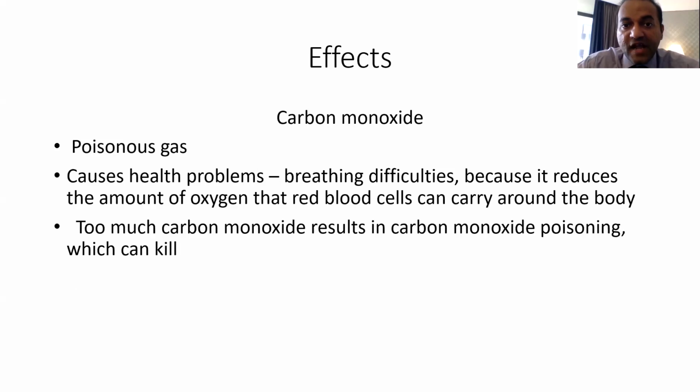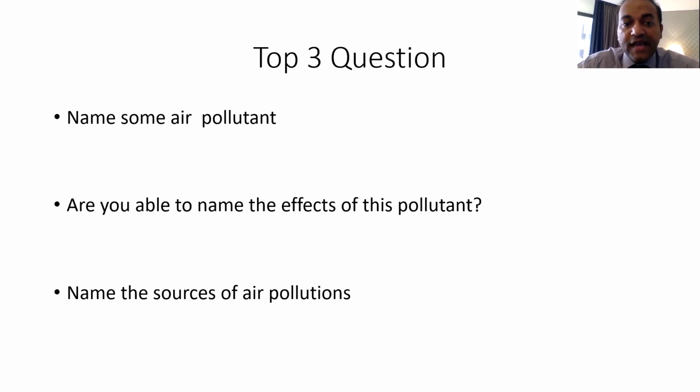Now, I hope we have covered all these three questions. Name the air pollutants: we have carbon monoxide, sulfur dioxide, oxides of nitrogen, and lead. As you can see, the pollutants have effects on humans and other organisms, plants, aquatic and other living animals.